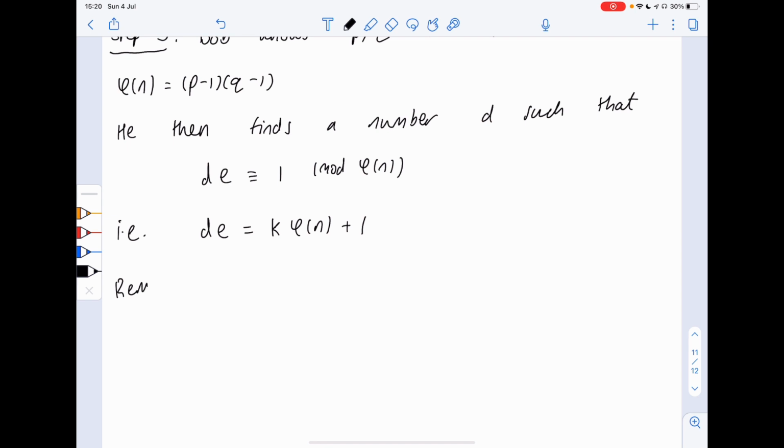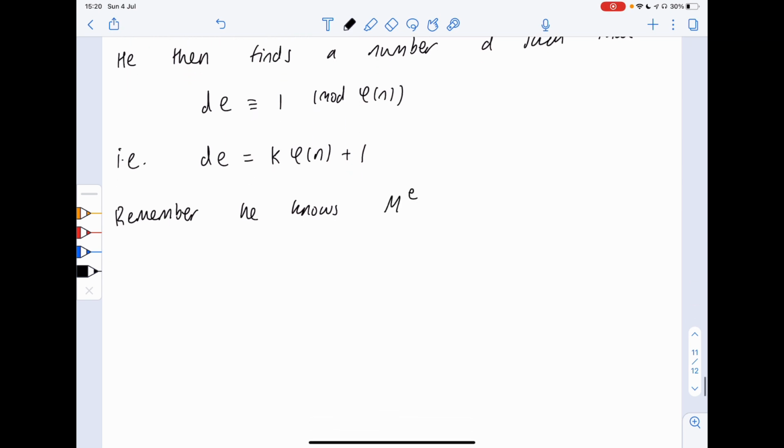Remember, he knows M to the power of E. So then what can he do? Well, M to the power of E, to the power of D, using our power rules, is M to the power of E times D, or D times E, right?